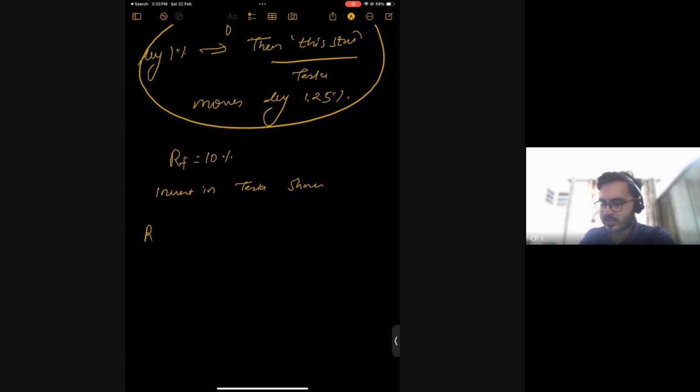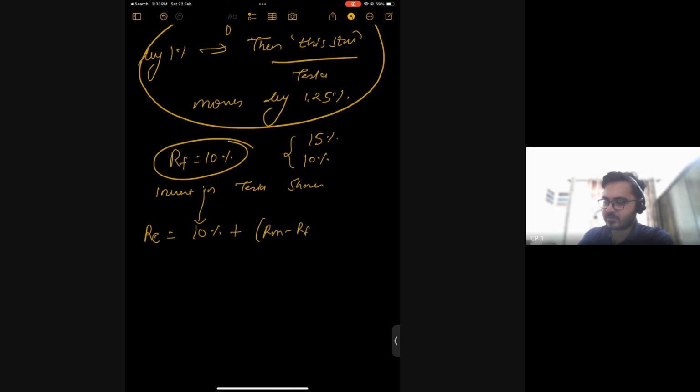So the required rate of return when you're investing in Tesla will be, you will say, sir, whatever the risk-free rate is, I definitely need that. US markets give 15% return and bonds give 10. So you will also have to give me RM minus RF, which is 15% minus 10%. So this incremental 5% I'll need.